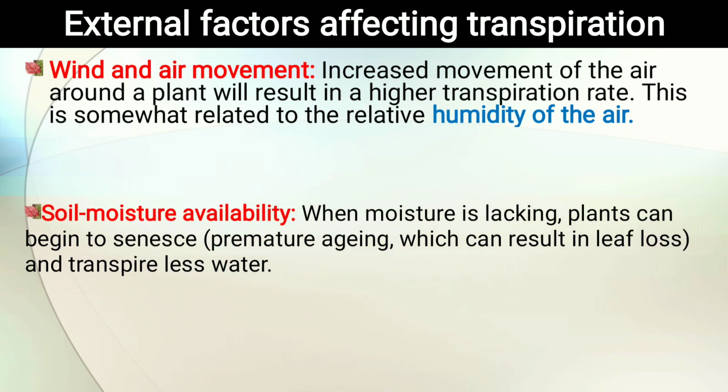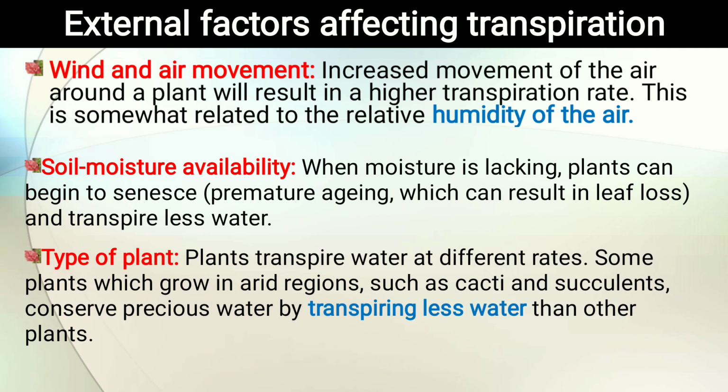Then the third one is wind and air movement. Increased movement of air around the plant will result in a higher transpiration rate. This is somewhat related to the relative humidity of the air.